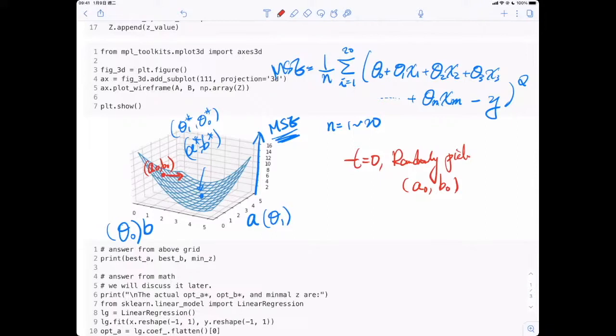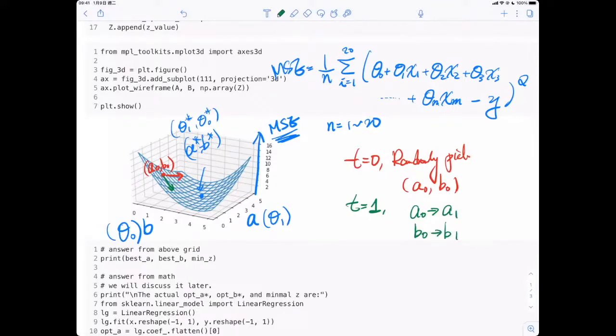From the perspective of B, if you go in this direction, the green direction, you can always find a smaller value of MSE. So at time t equals 1, you go in the direction which makes your MSE smaller. A0 goes to A1, B0 goes to B1.